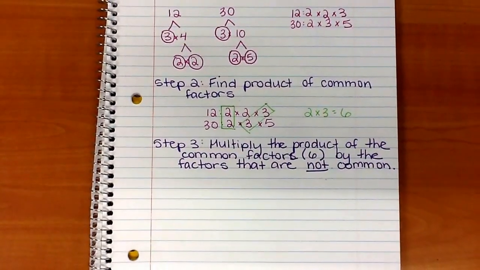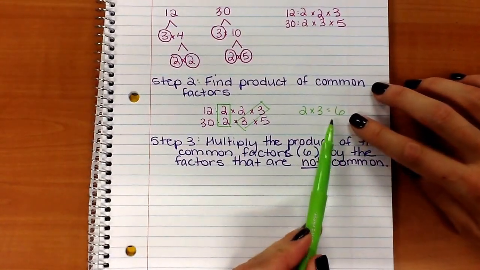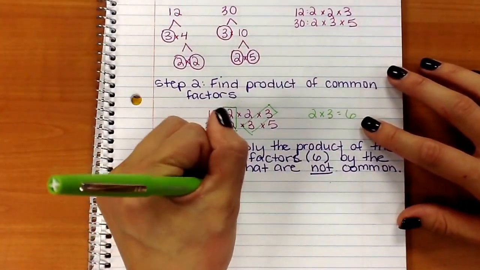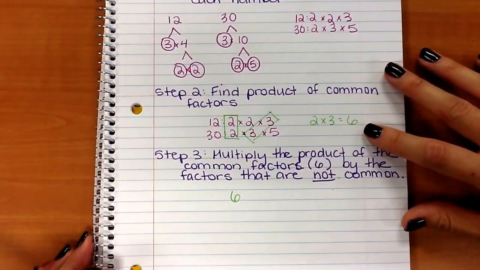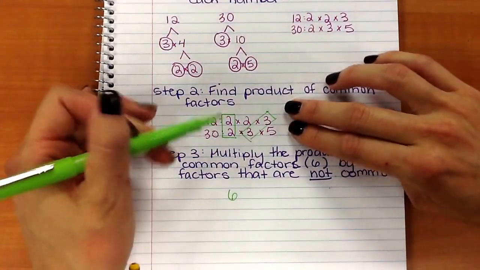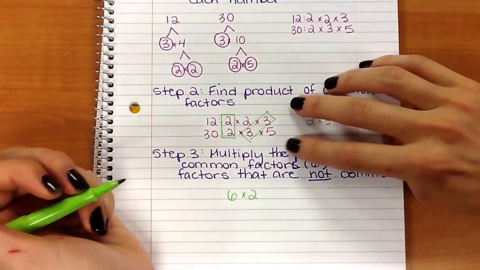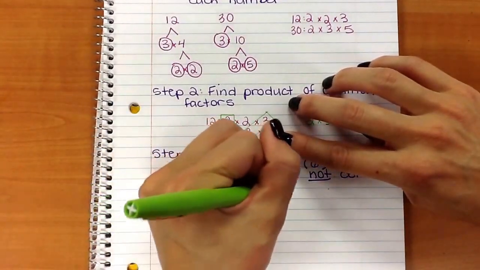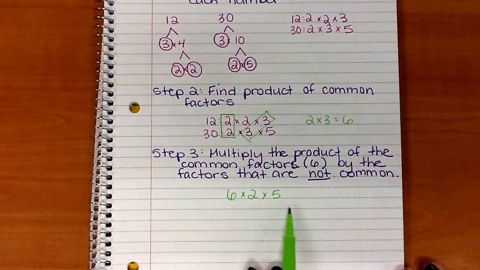So I'm going to look back on my list, and I already found the product of the common factors, which was 6. And now I need to go back and multiply it by the factors that are not common. So if I look back at my list up here, I can see that the factors that are not common are my 2 that I wasn't able to find a match for, and 5. So now I need to find the product of these 3 numbers.